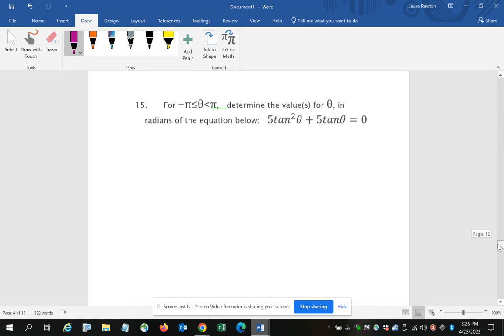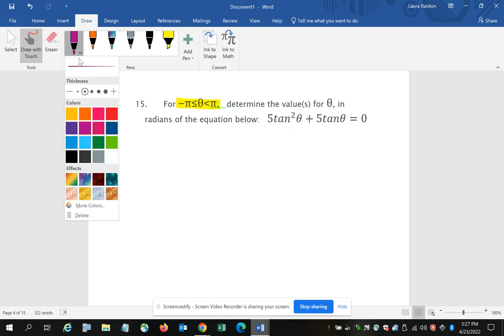All right, number 15. Again, it's asking you to solve the equation, but pay attention. Your answer should be between negative pi and positive pi, and you can include negative pi, but not positive pi. And we're doing tangent, okay?